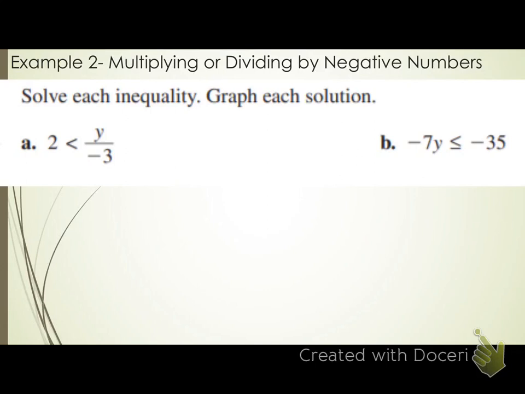So let's look at some examples here. 2 is less than y over negative 3. Raise your hand if you can tell me how I get y by itself here. Maggie?